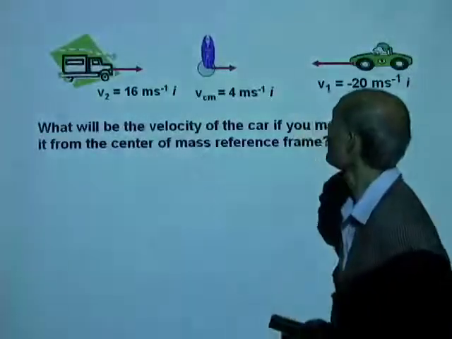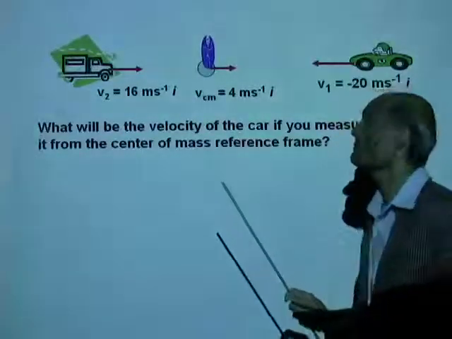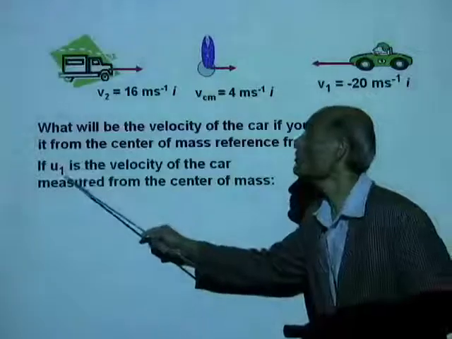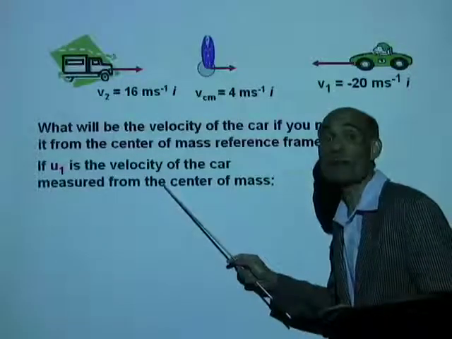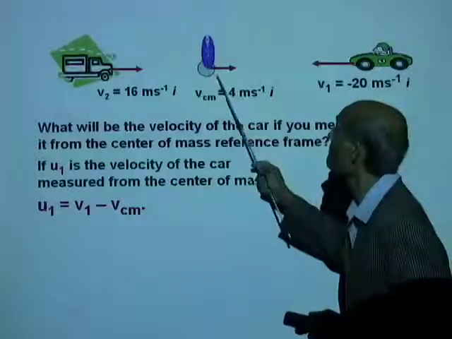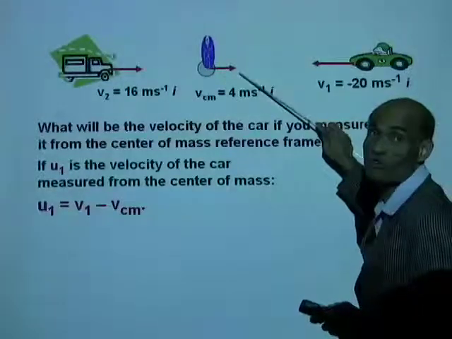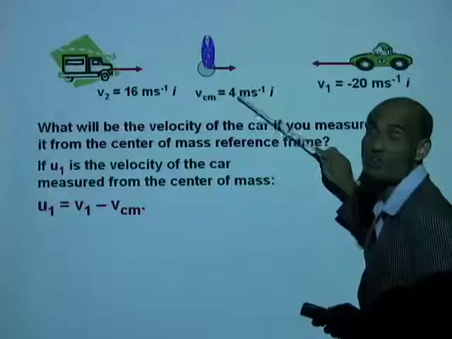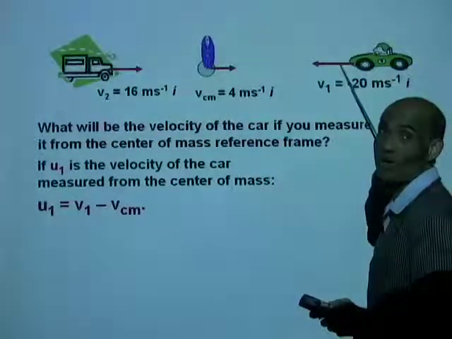Now, what will be the velocity of the car if you measure it from the center of mass reference frame? If u1 is the velocity of the car measured from the center of mass, then u1 will be equal to v1 minus v center of mass, because we have brought the center of mass to rest by applying a velocity minus 4 meters per second, and we need to apply that to both the objects.